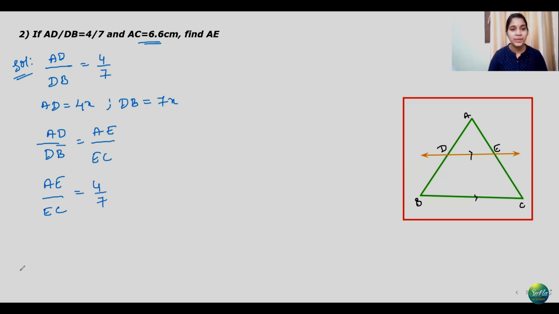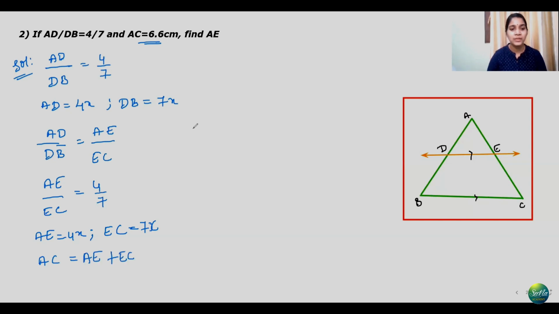So now that means we can say that AE value is equal to 4x and EC value is equal to 7x. So from this, we can find out the AC value. Given that AC value is equal to 6.6, AC is nothing but AE plus EC.